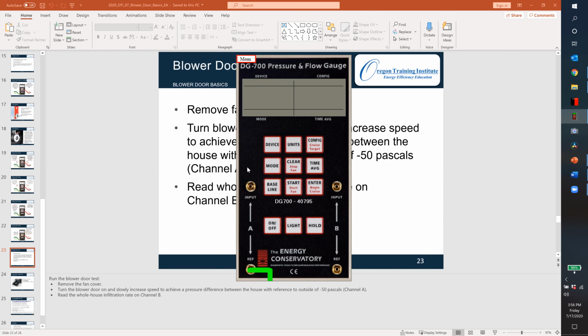The top, if we have the manometer inside, can just stay open. We don't need a hose there. B channel is always B to blower. Blower door, duct blaster, B to blower. So we're going to measure the pressure of the blower fan, and that's going to be on the input. Reference is going to be to the same spot that the front of the fan is, so inside the house.